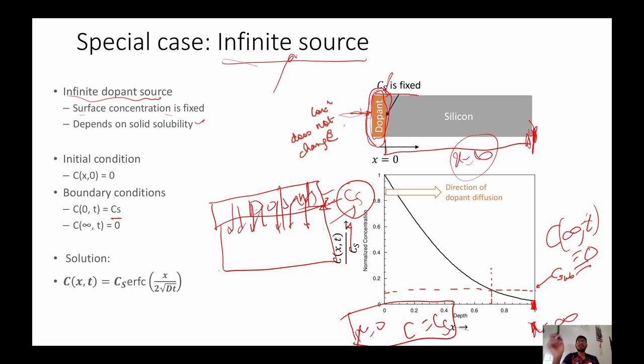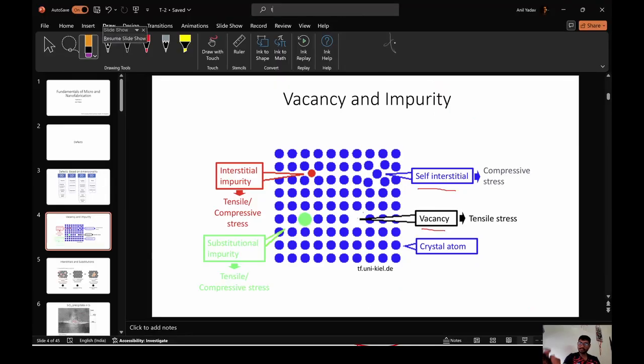We are saying x equal to infinity because the wafer is too thick for the dopants to reach the end. We are assuming the silicon thickness is very high. This is the other boundary condition. And the initial condition is that at t equal to 0, there is no dopant inside the silicon.